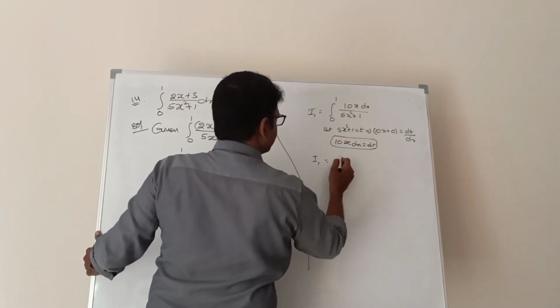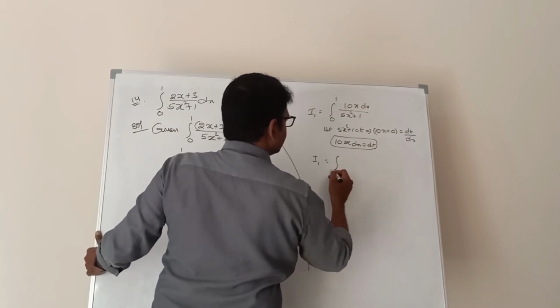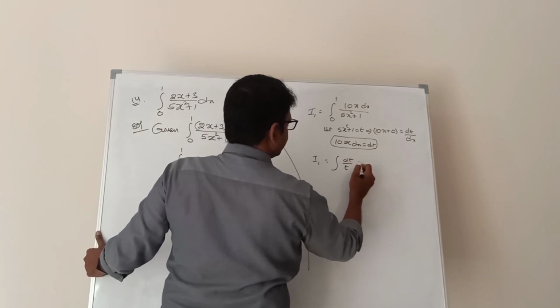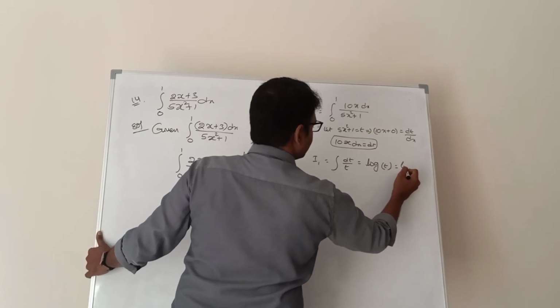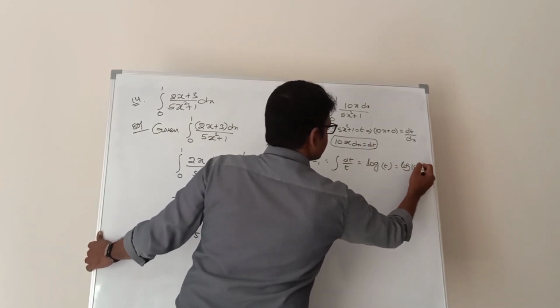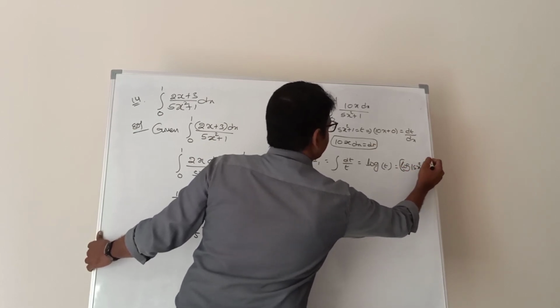So I1 is equal to the integral of dt by t, which means log t. Log t means how much? Log of 5x square plus 1. Here the lower limit is 0 and the upper limit is 1.